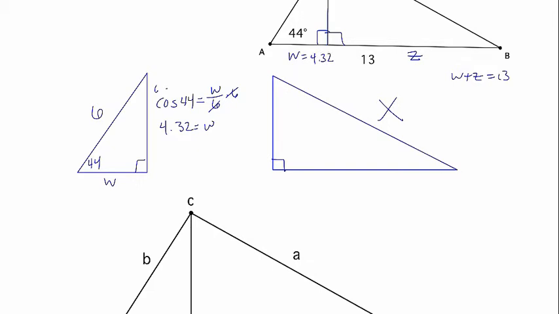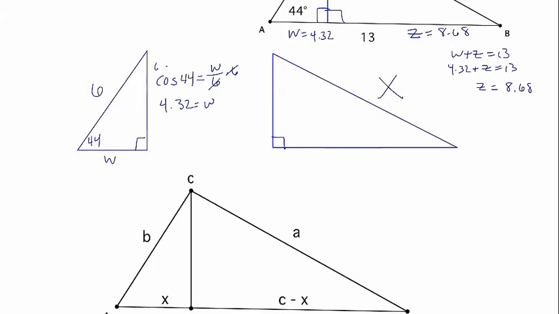And since that's one of the pieces of 13, I can simply say that 4.32 plus the other piece Z should equal 13. So if I just subtract 13 minus the 4.32, I end up getting 8.68 for Z. So I'm going to go ahead and put those onto my triangle as well.